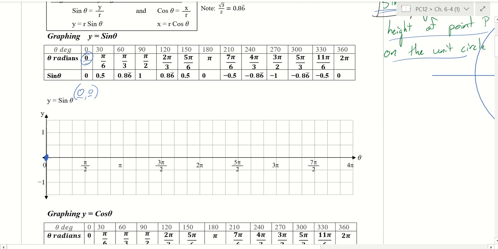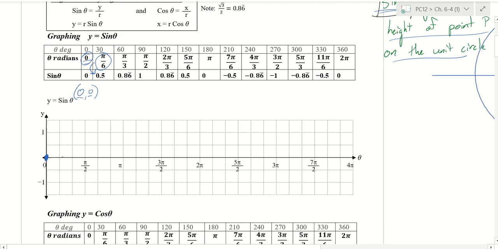Now let's look at pi over 6 here. So for pi over 6 radians, for that angle in standard position, if we plug that into the sine function, we'll get 0.5 out. So we can notice, how many tick marks does it take to get to pi? Looks like it takes 6 tick marks: 1, 2, 3, 4, 5, 6.